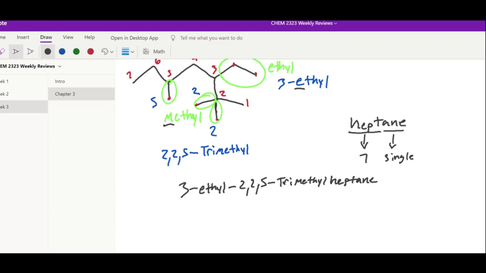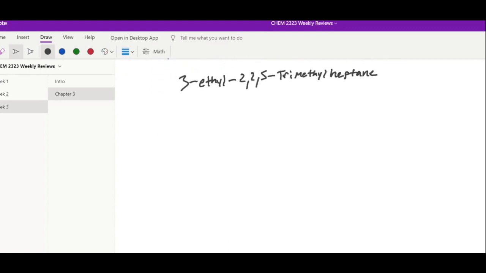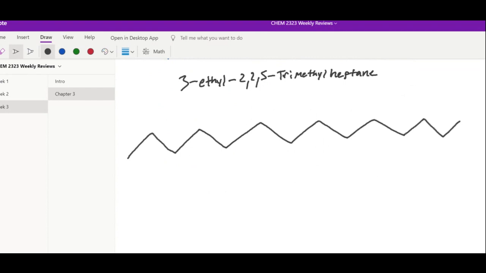Okay. So let me see. Some other types of substituents that you might encounter. Well, actually, first let's go through all the basic ones. So here, I'm just going to draw a very long chain.